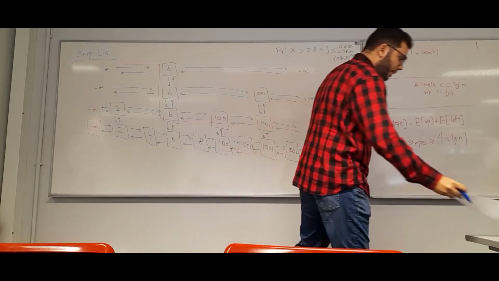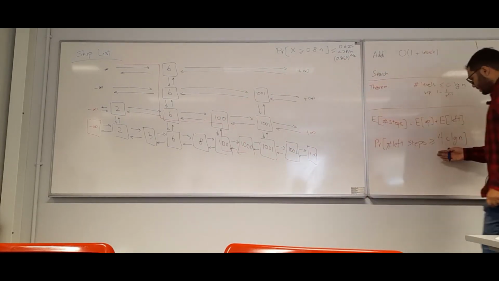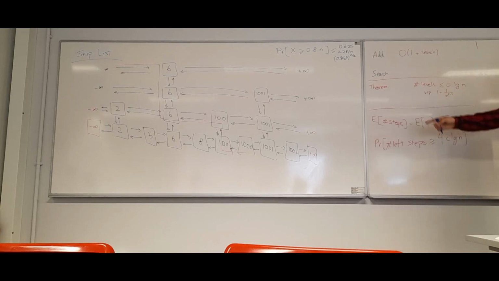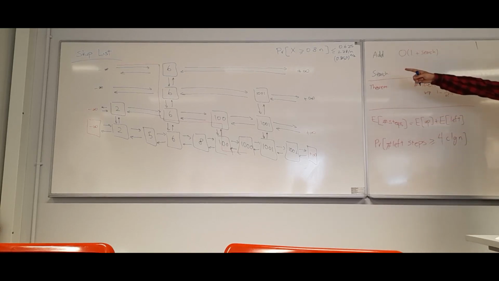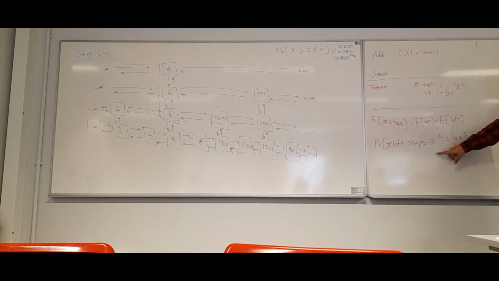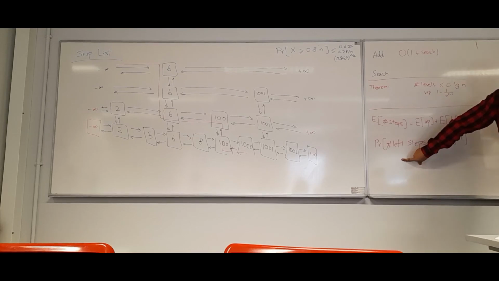Okay? So the only difference here is that instead of flipping n coins, I'm flipping 5 times c times log n coins. And I want to see what is the probability that 80% of them come tails, so that I go left.